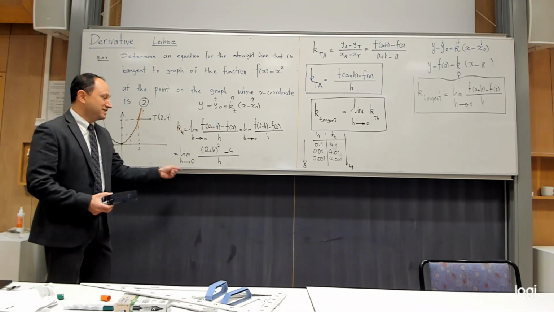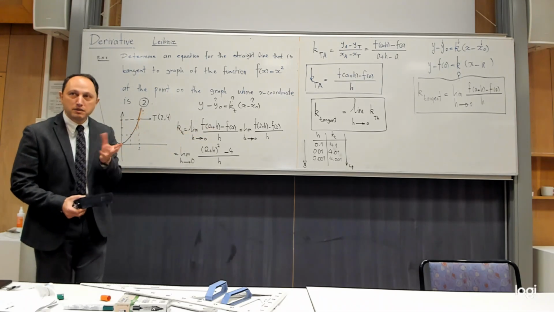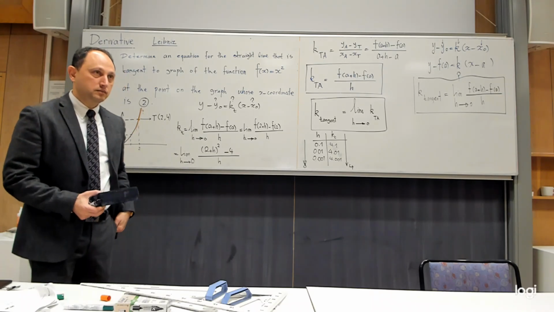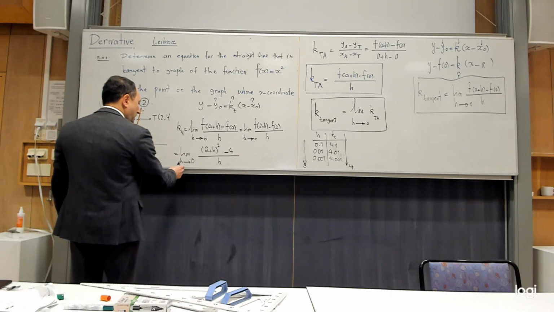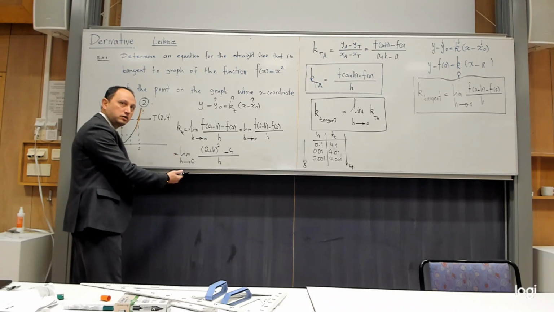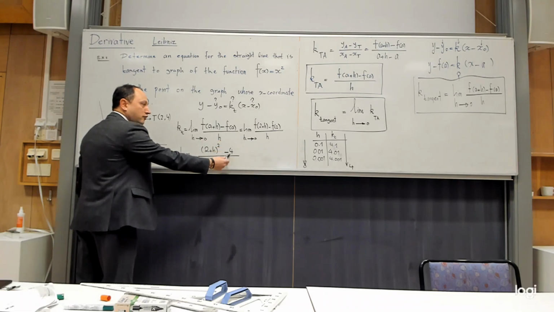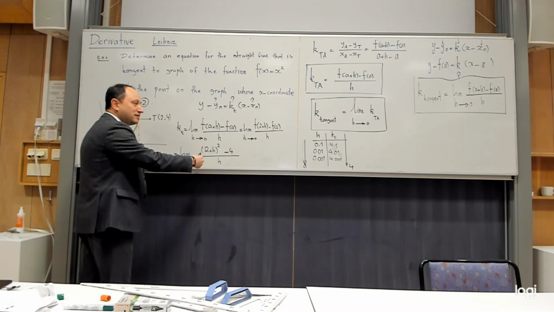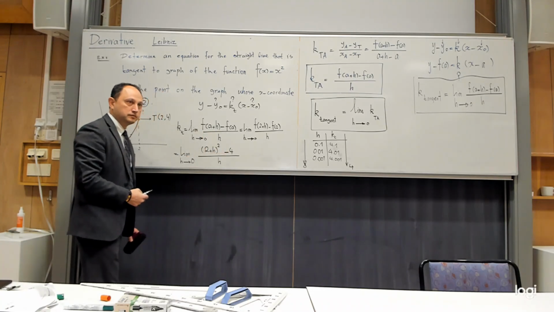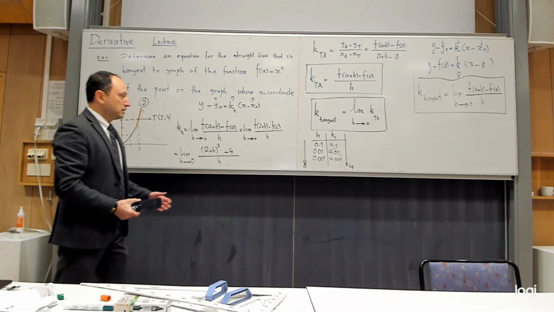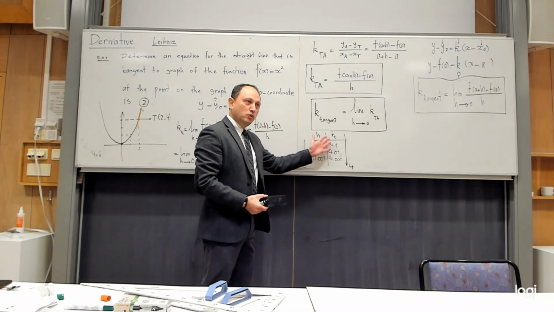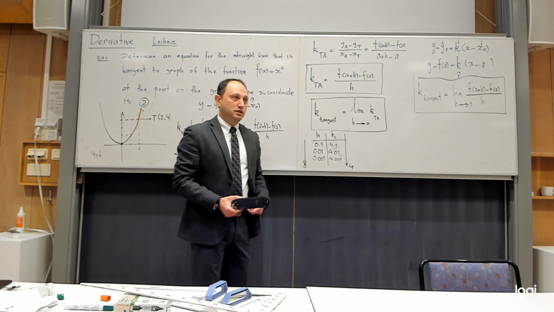It doesn't mean that it's exactly 4; it means the limit value is 4. When I make h very small, the value of my function gets very close to 4.